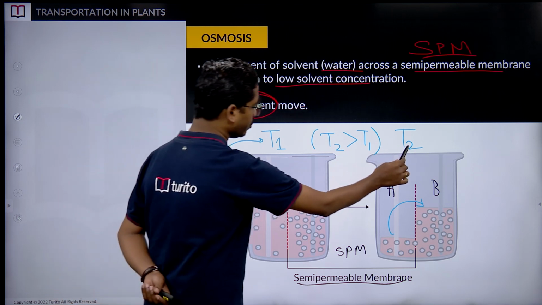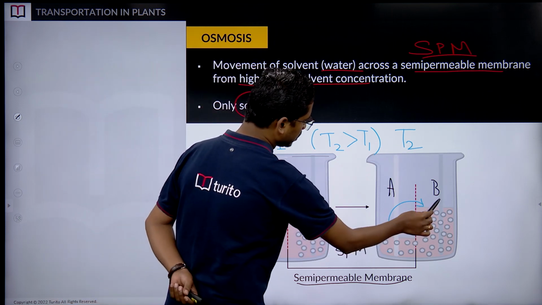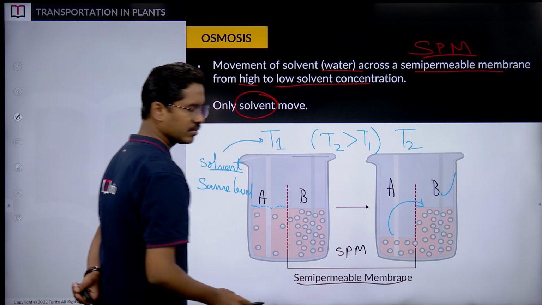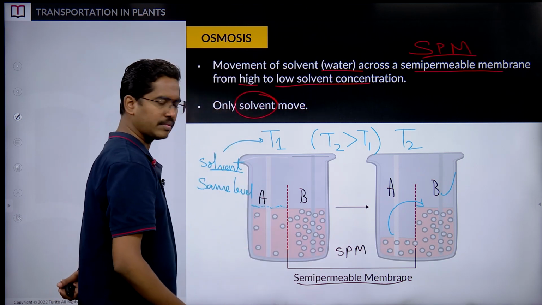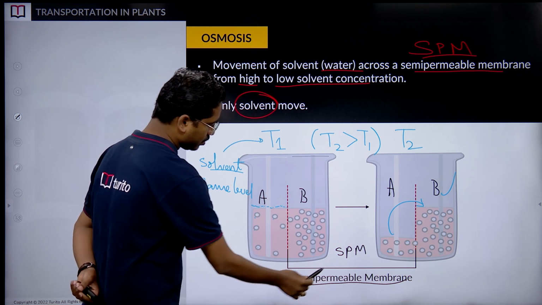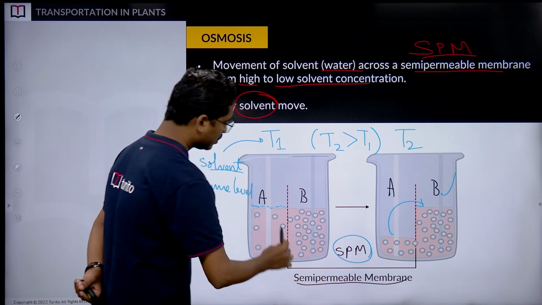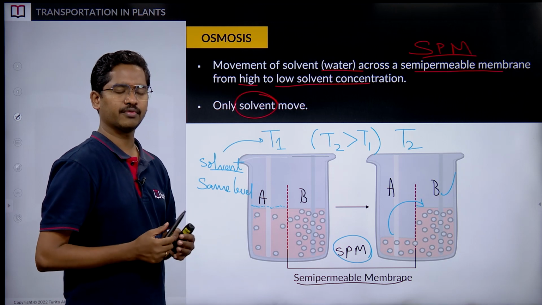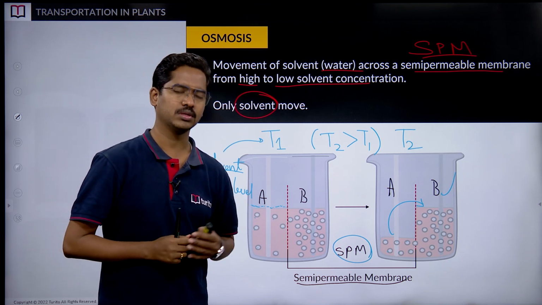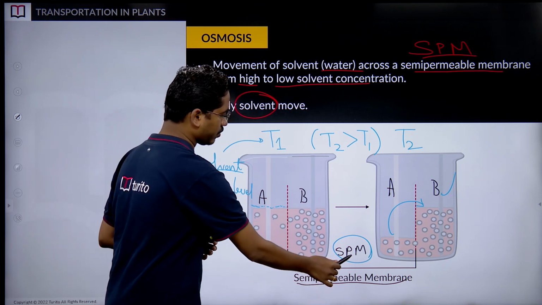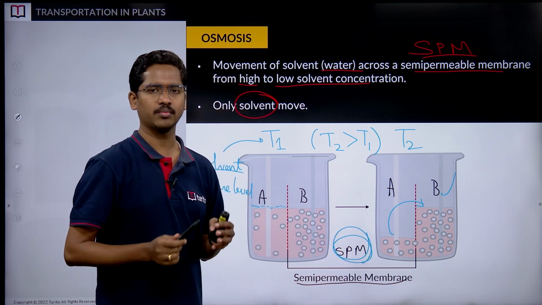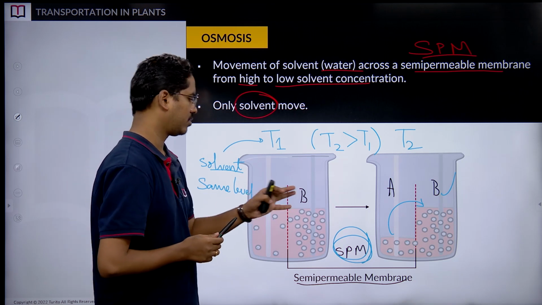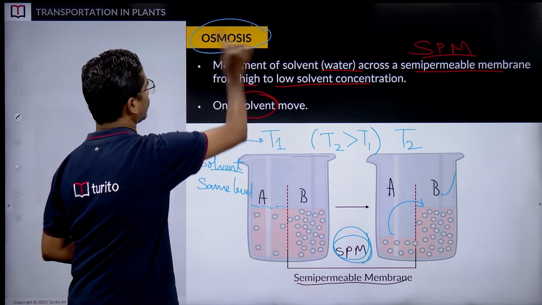At time t2, you see the water level increased in B and the solute remained same. Because the movement happened through SPM, this kind of movement of solvent from the region of higher concentration to the region of lower concentration through SPM, that is a semi permeable membrane, we call that process osmosis.